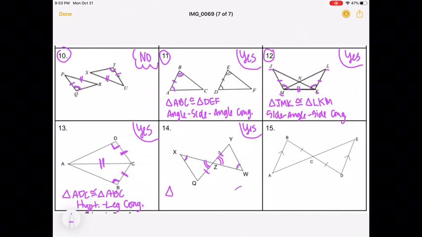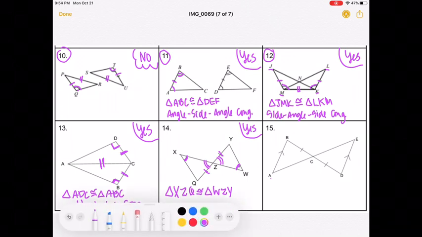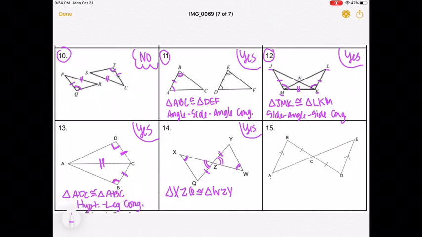All right, so triangle XZQ is congruent to triangle, and I'm going to start with W because that's the one that was congruent to X. So W, Z, Y. Straight line there. Okay, and our reason, again, angle, angle, side, not side, angle, angle.